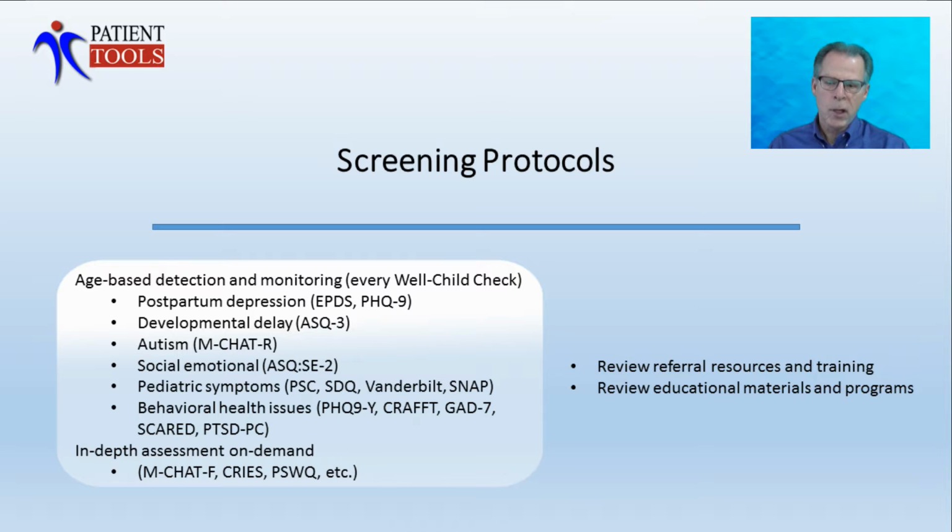You can have those already queued up for you, within the scope of the different types of measures you're willing to use. Then you've got to review your referral sources or destinations, think about your educational material associated with those, and think about the reporting you want to do associated with those as well.